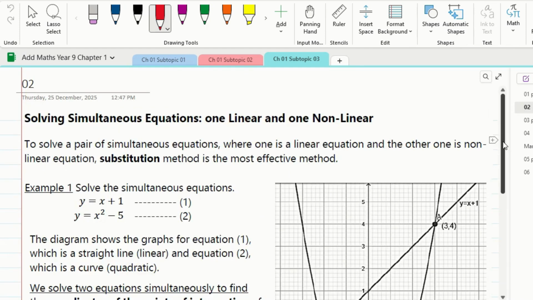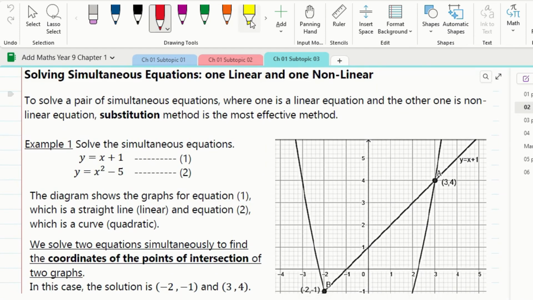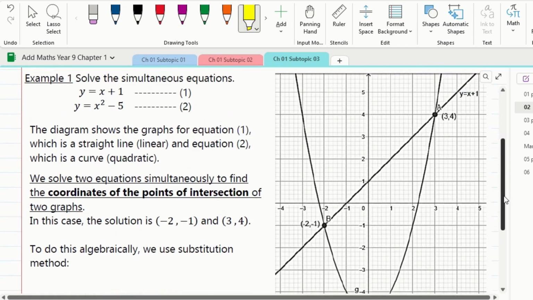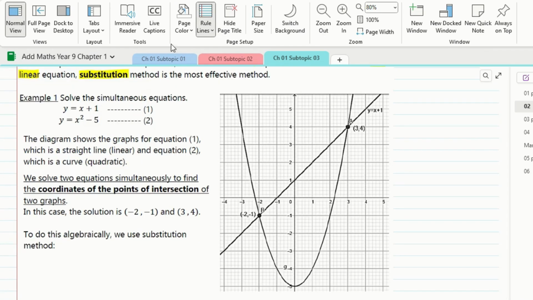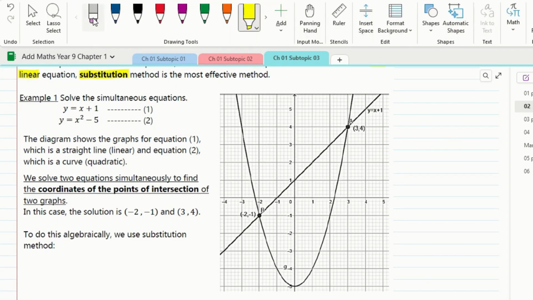Alright, so let's have a look at the concept first. The substitution method is the most effective method when you are dealing with one linear and one non-linear equation. Let's have a look at this diagram. If you try to get the graph for both equations, number 1, y equals x plus 1, is the graph for that equation.